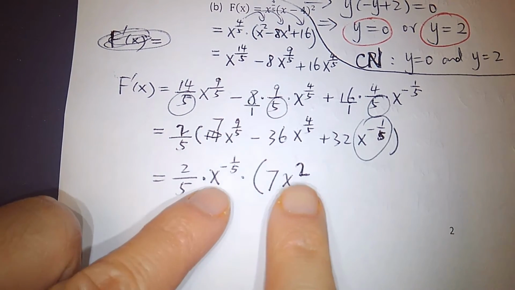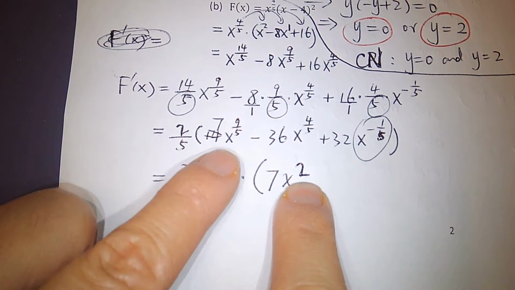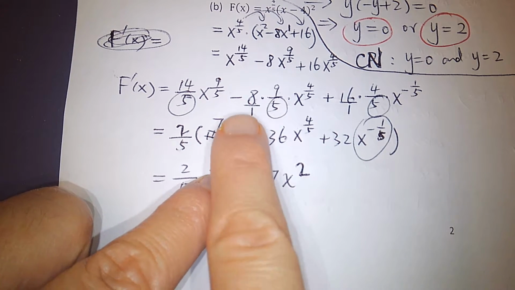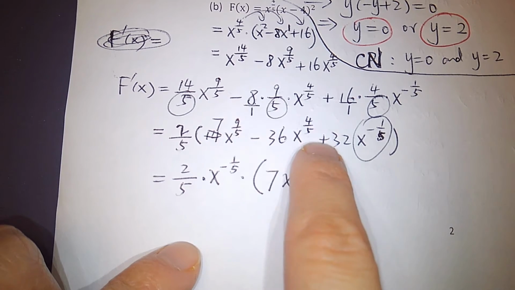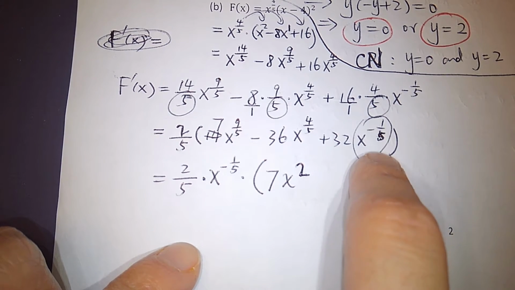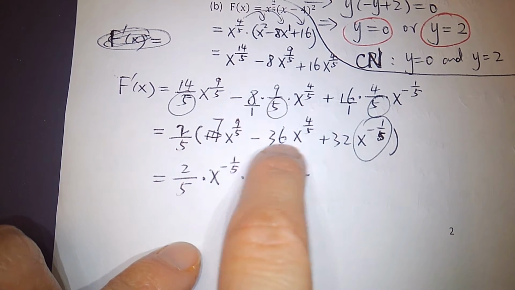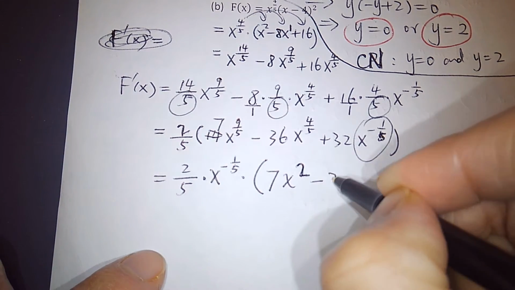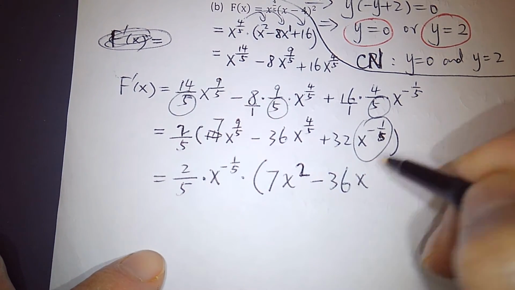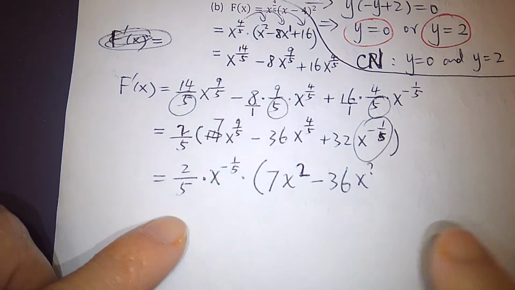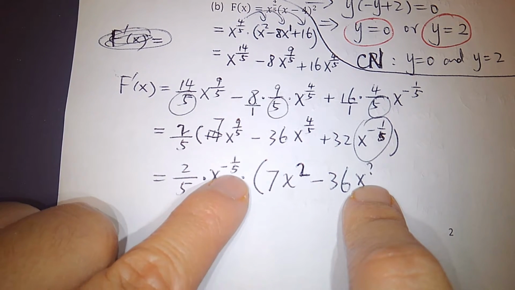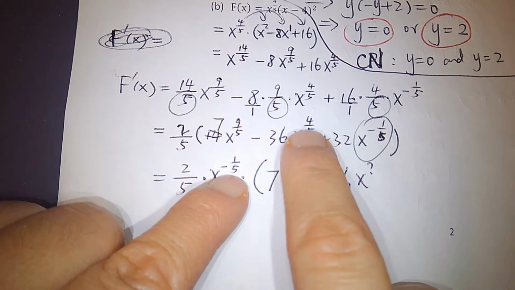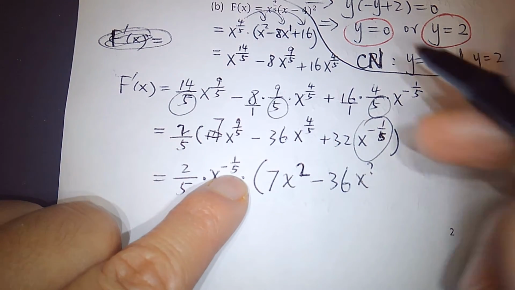Can you please check? Is negative 1/5 plus 2 equals 9 over 5? Yes. You will see very soon why I'm putting the negative 1 over 5 out. Well, this term, negative 36, x to the what times x to the negative 1 over 5 equals positive 4 over 5?